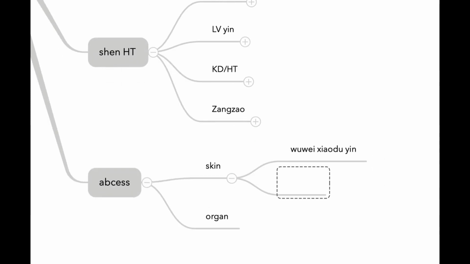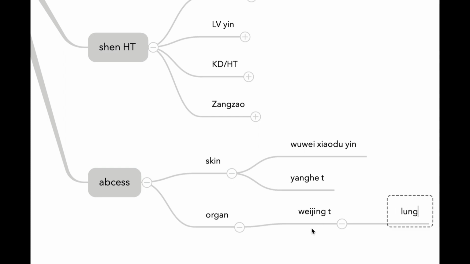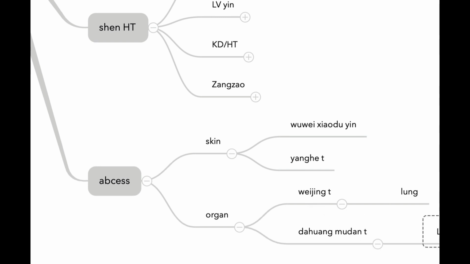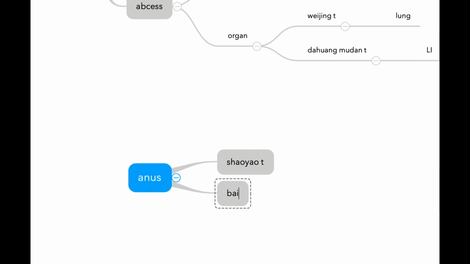And second, Yanghe Tang for deficiency. Excess and deficiency. Organ, Weijing Tang. This is lung abscess. And intestine, Dahuang Mudan Tang. Large intestine. Anus, Xiaoyao Tang. And Baitouweng Tang.